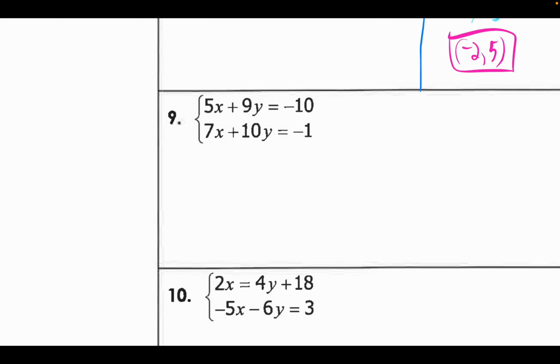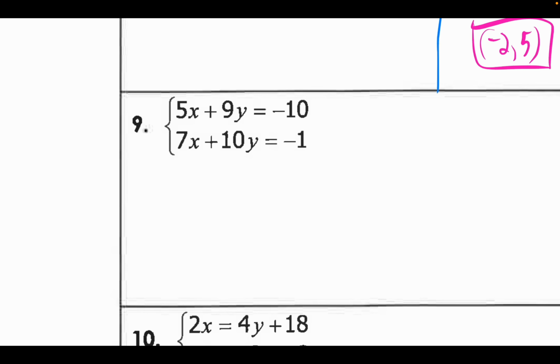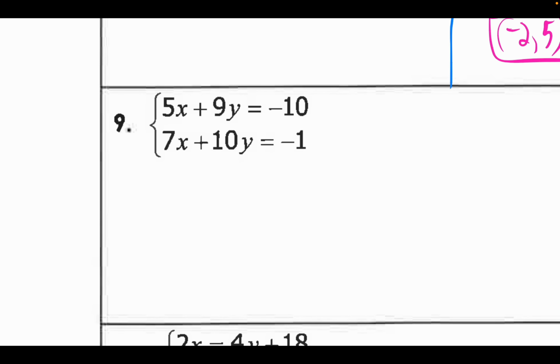Numbers 9 through 12 will follow similar patterns of needing to multiply both equations here. So on number 9, x, y equals numbers is my organization, which is perfect, lined up well. So 5 and 7 could both multiply up to 35. So that'd be a 7 and a 5, one of them negative. And 9 and 10 can both multiply up to, well, 90 is the smallest number.